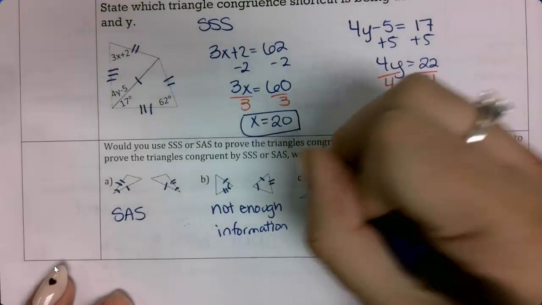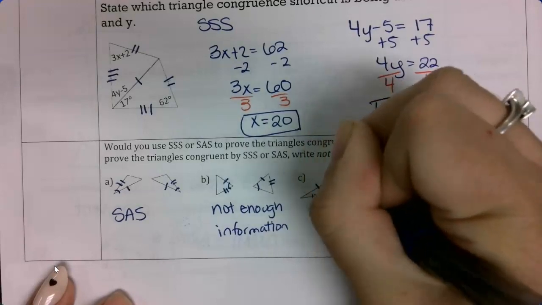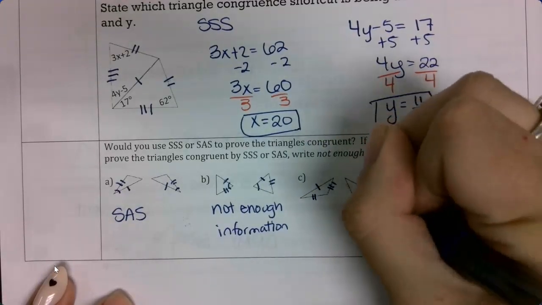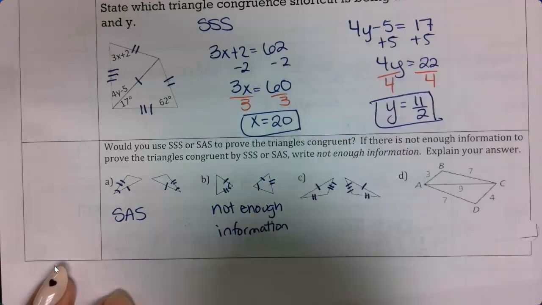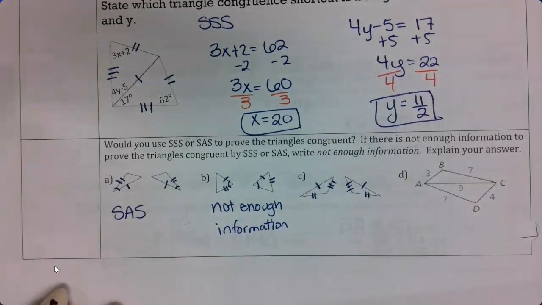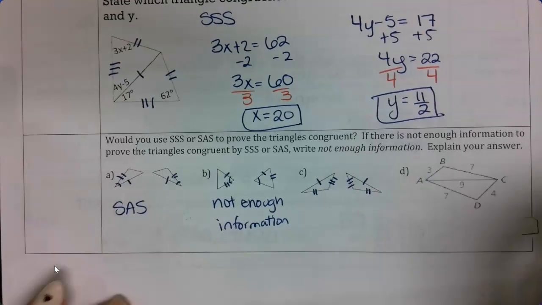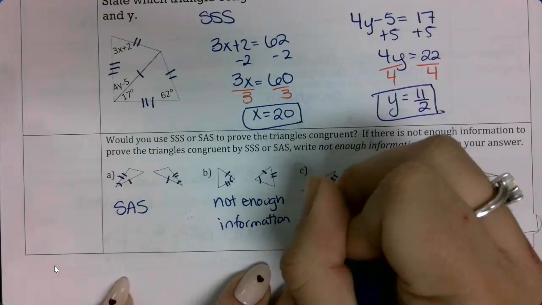On C, I have 1 tick mark, 2 tick marks, 3 tick marks, and 1 tick mark, 2 tick marks, 3 tick marks. So these have 3 sides in common.